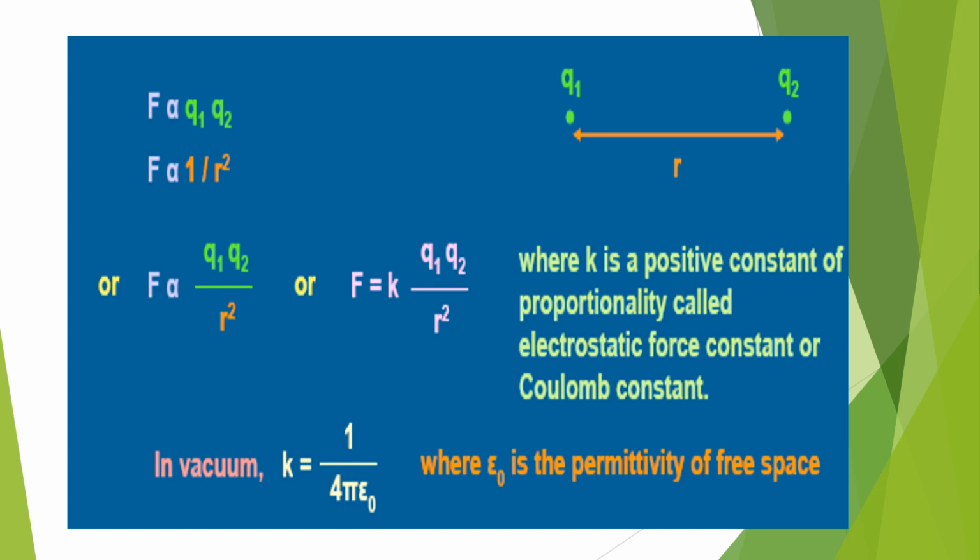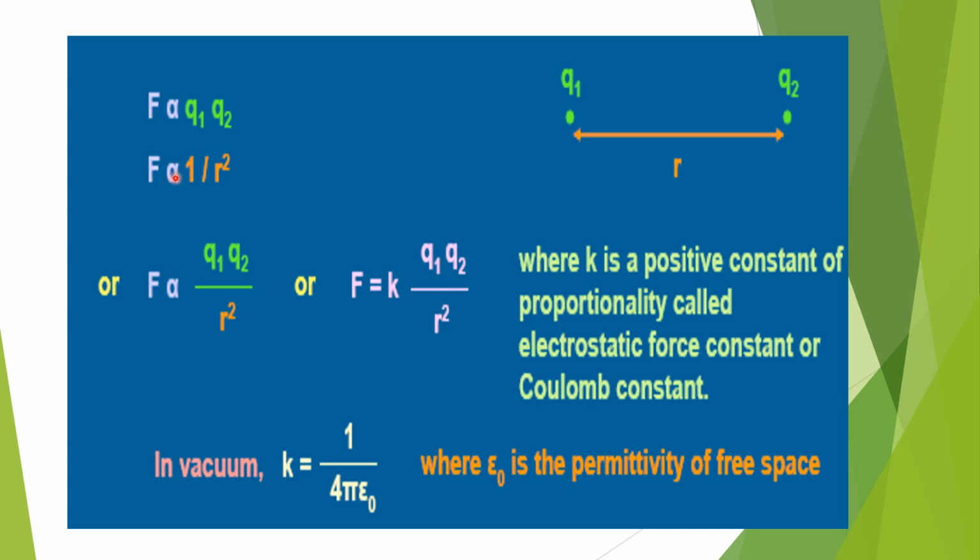So let us see it mathematically. For that we are considering two charges Q1 and Q2 separated by a distance r. Then by the first statement, F is directly proportional to the product of their charges Q1 and Q2. So F is proportional to Q1 into Q2.